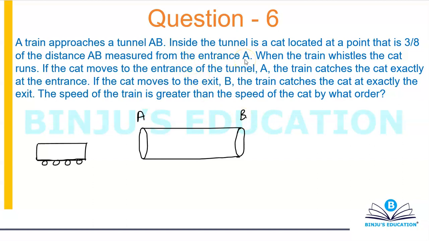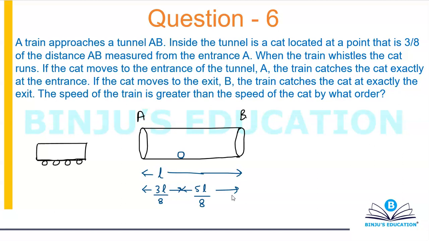So let's say that the total length of the tunnel is L. So this cat is basically sitting at a distance of 3L/8 from A and 5L/8 from B, because the total distance is L, and if from A the distance is 3L/8, then from B the distance will be 5L/8.